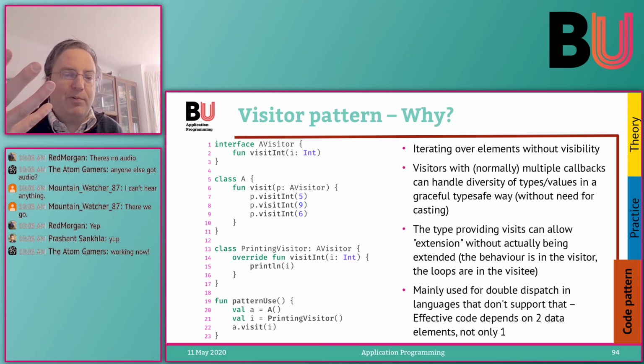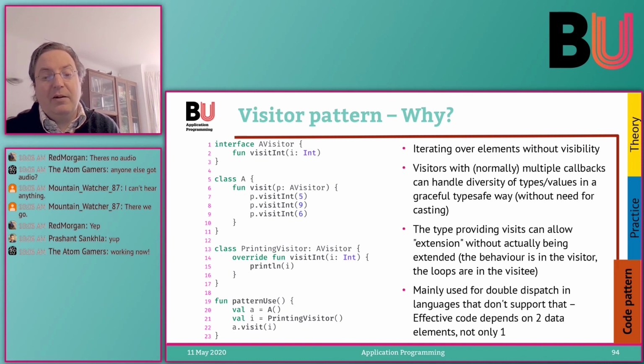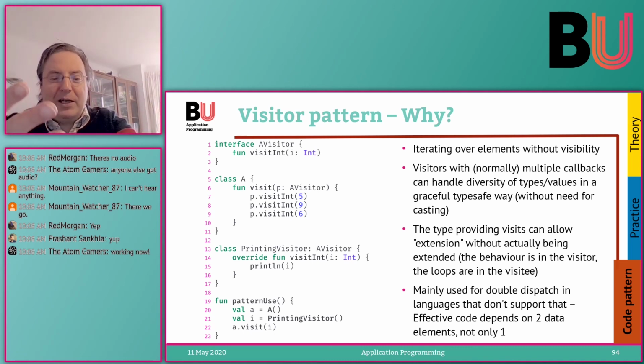So your type implements a visit function, and in that visit you invoke the visitor with the right data. In particular, an interesting thing is your visitor can actually implement multiple functions depending on different types of data, and then the visited object can call the right one depending on the data it has. So this way you can do something with a complex data structure and use it.